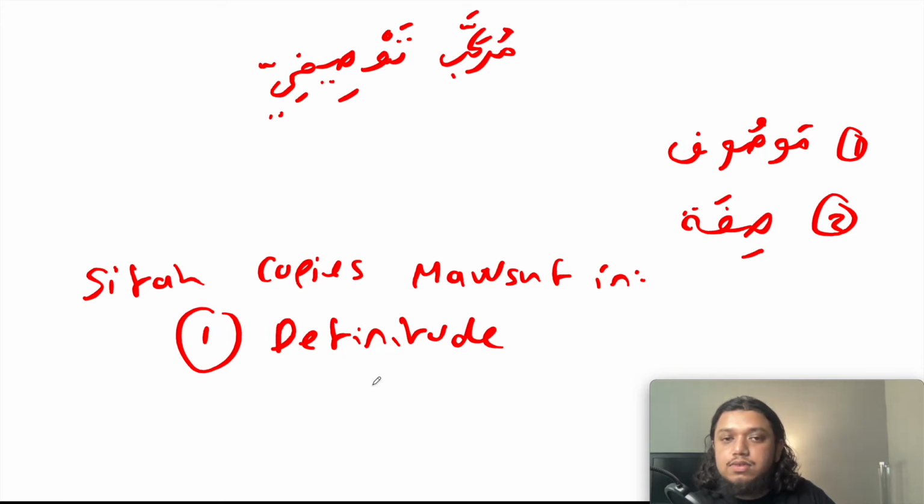If the mawsuf is indefinite, then so is the sifah. Arabic is very simple. This is not rocket science. It's simply a case of understanding that the adjective always copies the thing it's describing in definitude. As I've said, this is an extremely important concept to understand.